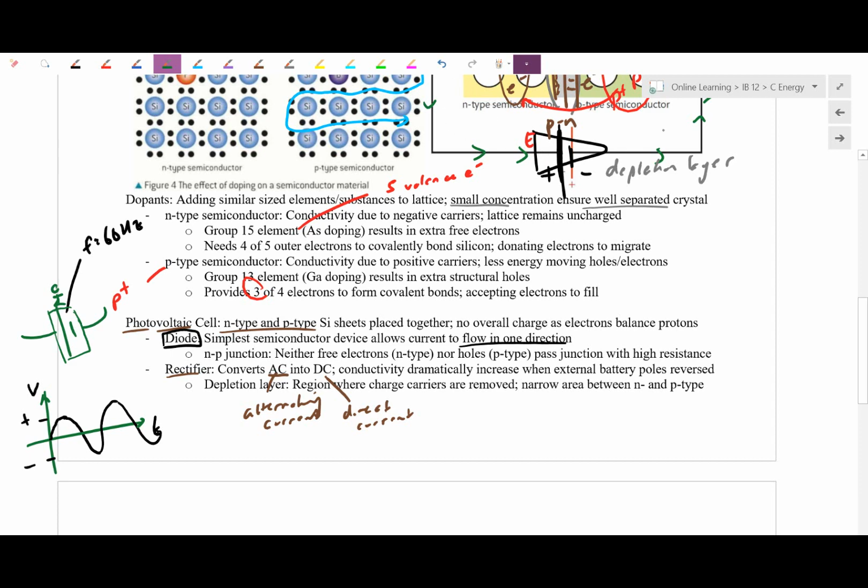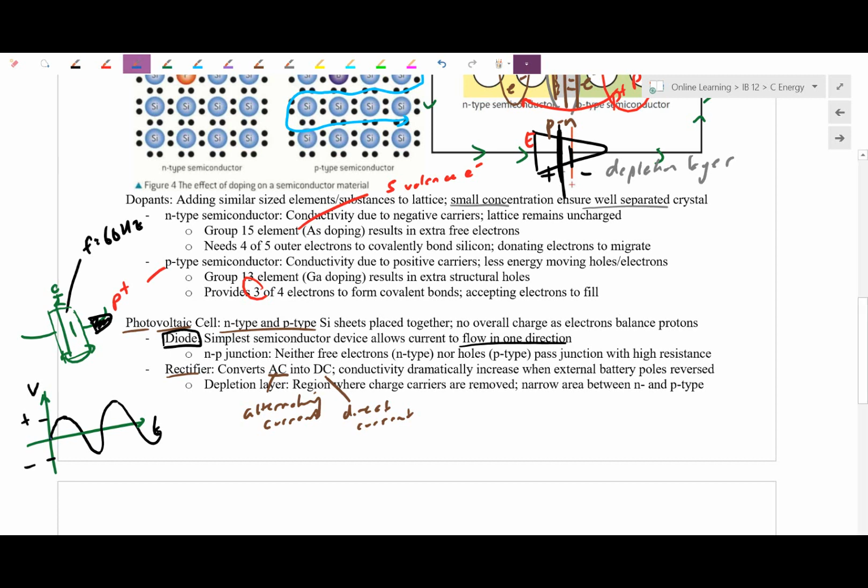Because the diode only lets charges go through in one direction, how I create the electrical energy here is still constantly flipping back and forth at a frequency of 60 hertz. But what if I had a diode that's also hooked up in this circuit? Let's say for argument's sake, the diode lets all the positive charges through.